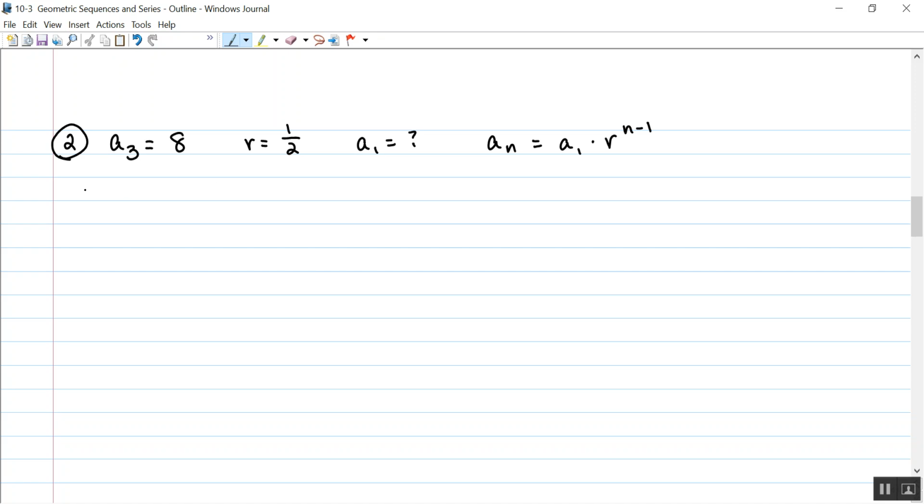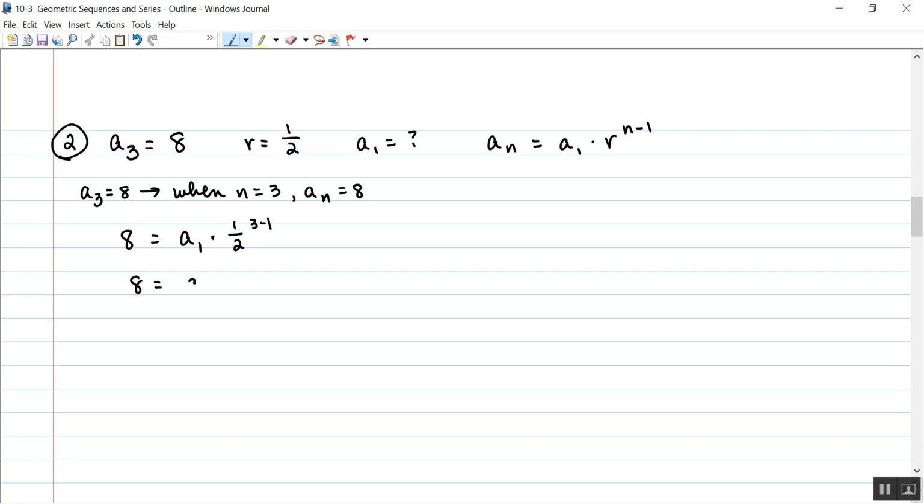So if a sub 3 is 8, that means when n is 3, a sub n is 8. So I can use that in my formula. So a sub n is 8, and that's equal to a sub 1 times my common ratio, which is 1/2, raised to the power of 3 minus 1.